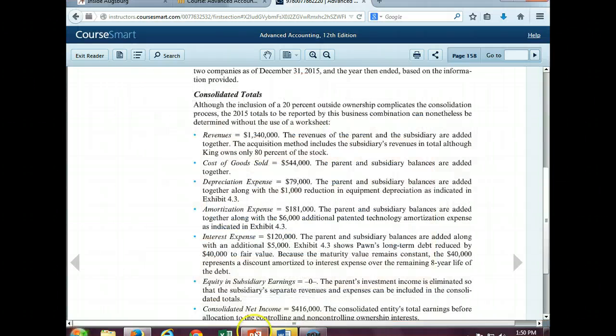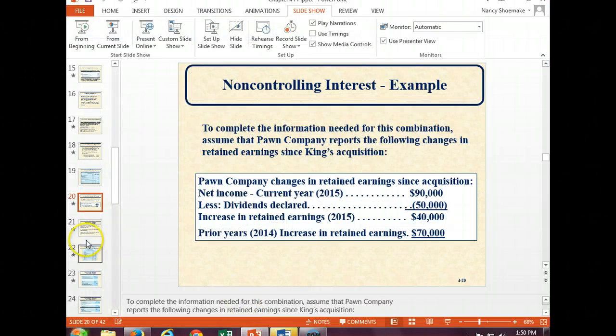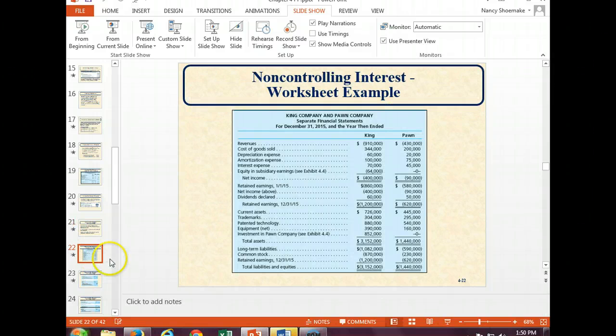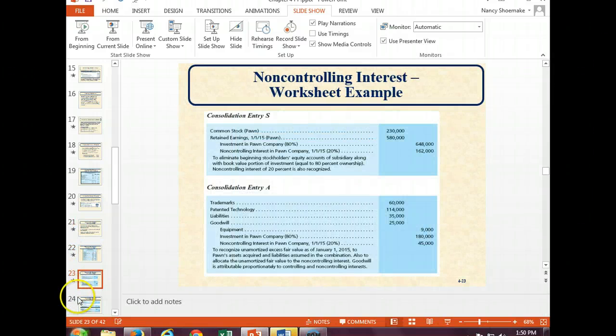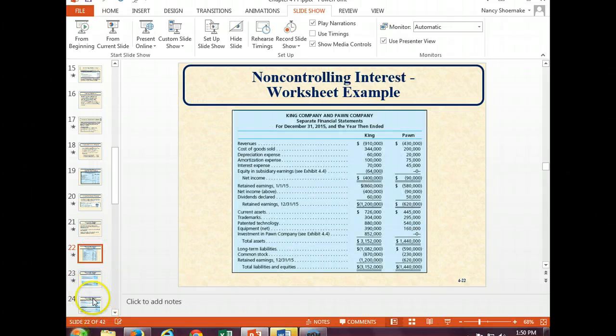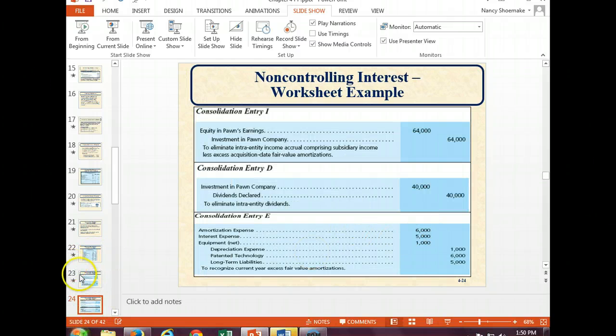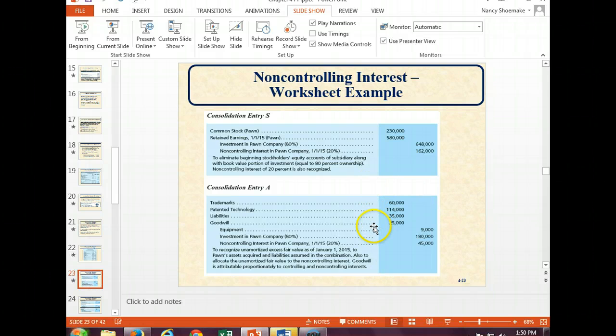The very first to consolidate the financial statements. You see, in the past we have not done the net amount here. Do you know what I'm saying? In the past, we would take these amounts in full, just like here. Okay, non-controlling worksheet.